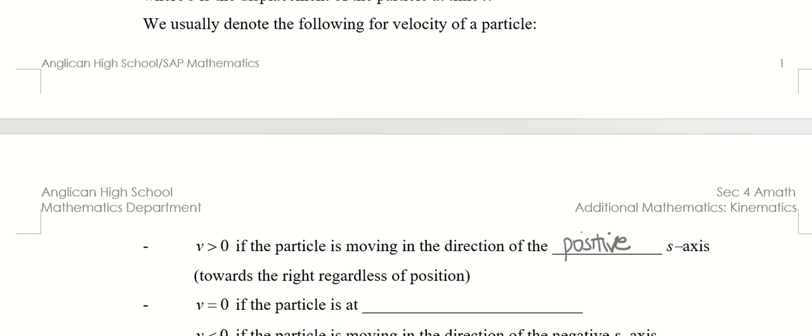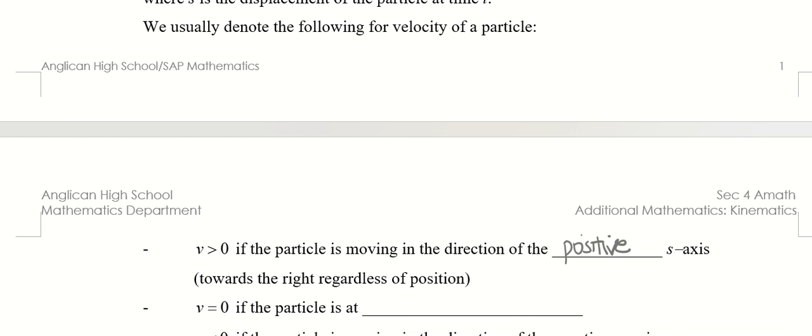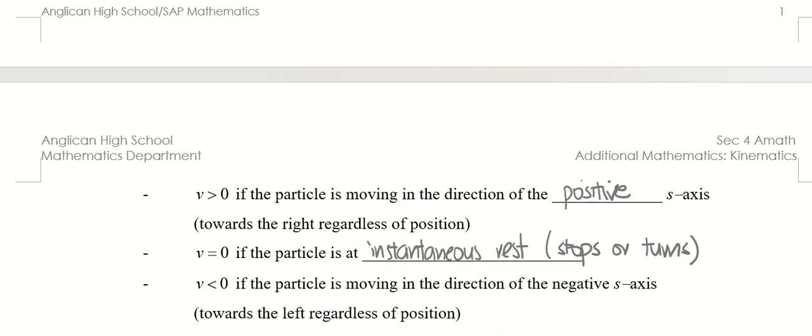Now v equals 0 means the particle is at instantaneous rest. Usually it is not about the particle stopping, rather it's more about the particle turning, going into a different direction. So v equals 0. Now v smaller than 0, of course it's moving in the negative s direction.